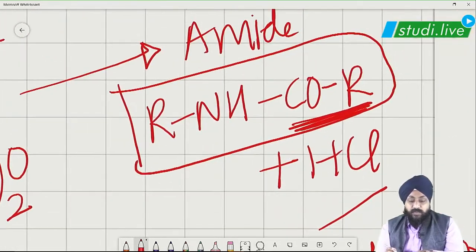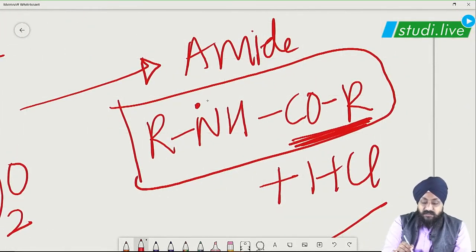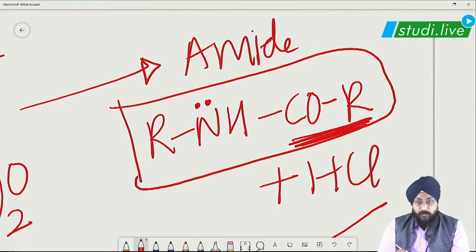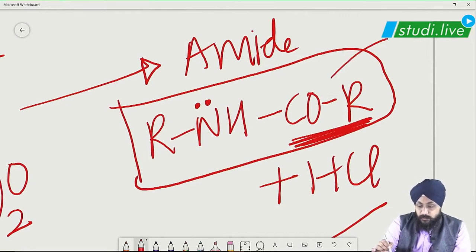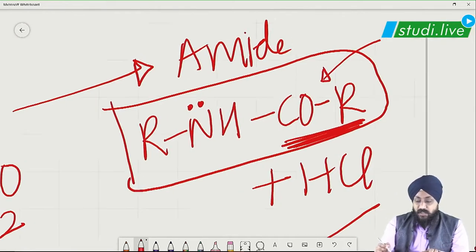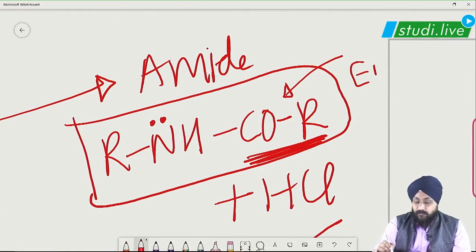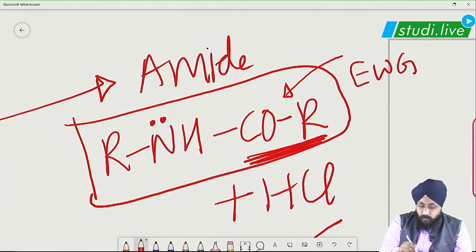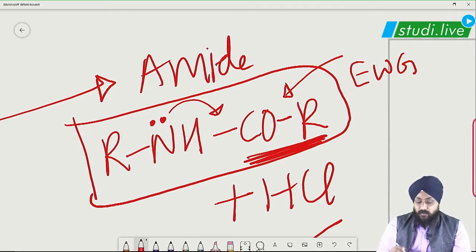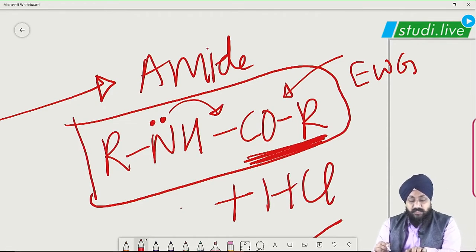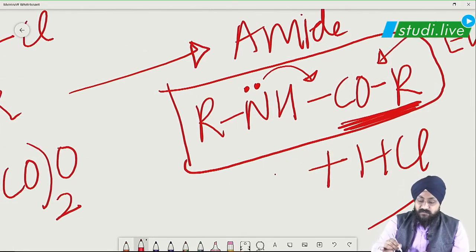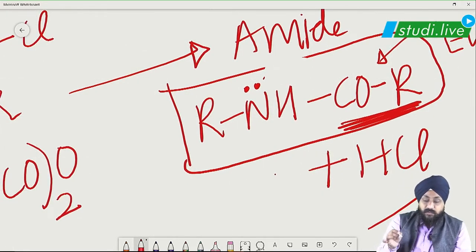See, if you see carefully, why is it less basic? N is having a lone pair over here. See, this is going to be which group, students? This is going to be your electron withdrawing group. So it will withdraw electrons by what? By resonance. Okay, if I just want to show that particular effect, students, we can put it this way.